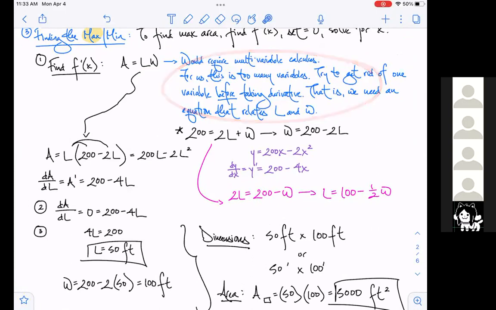There is a way to solve it with this many letters, but that is for Calc 3, which is down the road. But right now we want to think, how can I get rid of one of the variables so that I turn it into something much more familiar, with a y on one side and an x on the other side?